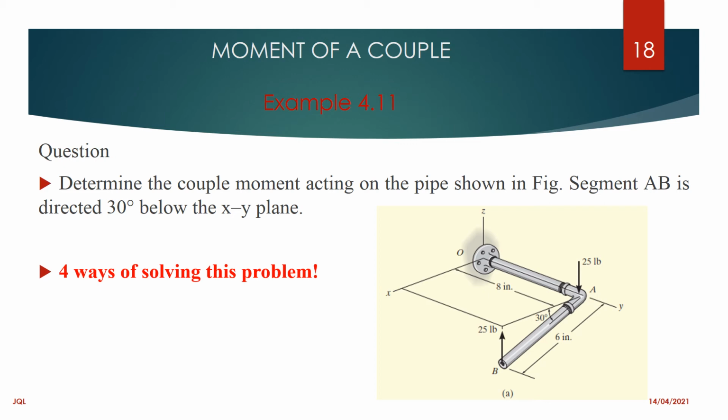There are more than 3 ways of solving that problem. If you want, you can use the scalar analysis, where you just multiply the distance in between the couple, or you can as well use the vector analysis, where we first try to get the position vector from O up to B, or from O up to A. You get your position vector.